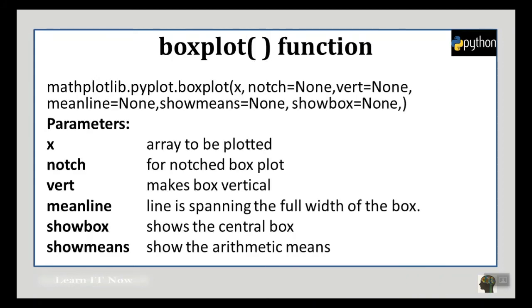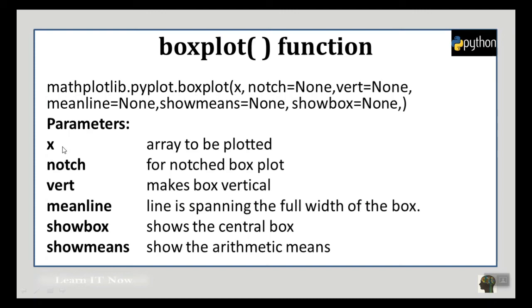Before that, we will just see the syntax of the boxplot function. The boxplot function can be used by various methods. We can also use it on data frames. When we talk about data frames, we just have to write the name of the data frame dot boxplot and these arguments. Let's see these arguments.